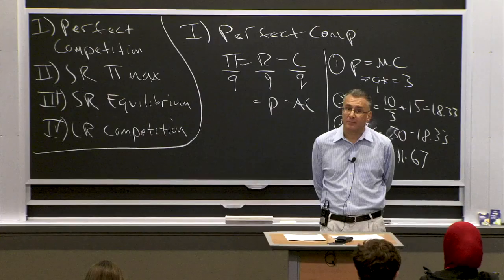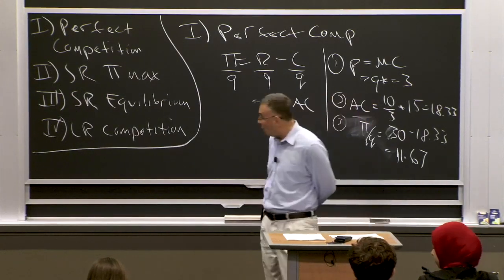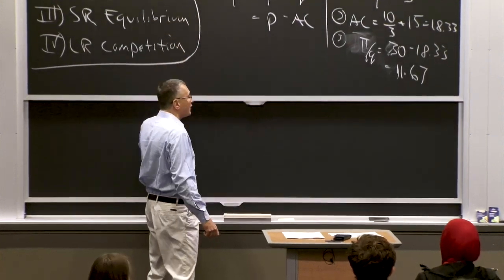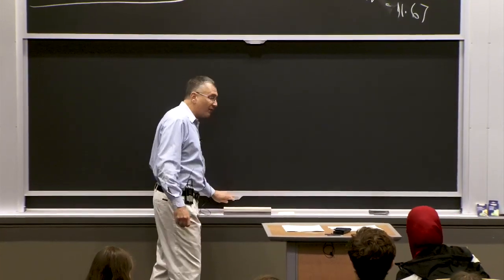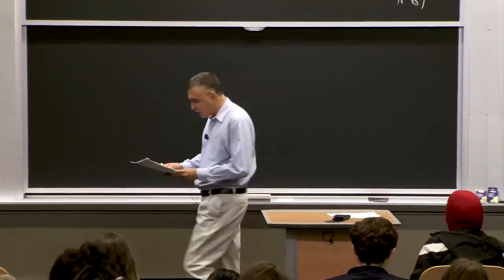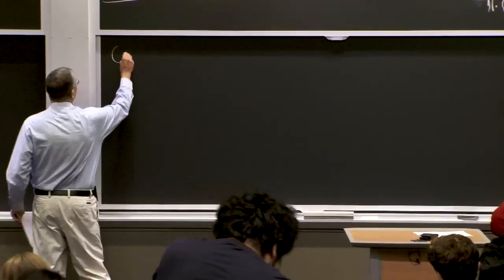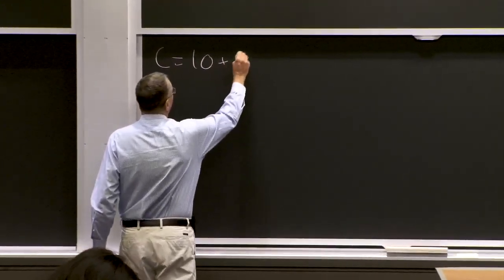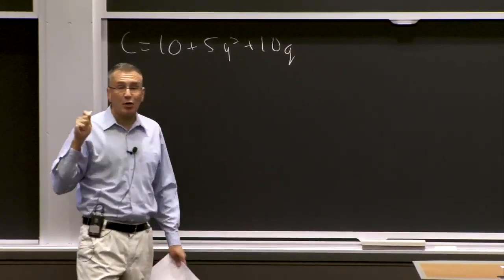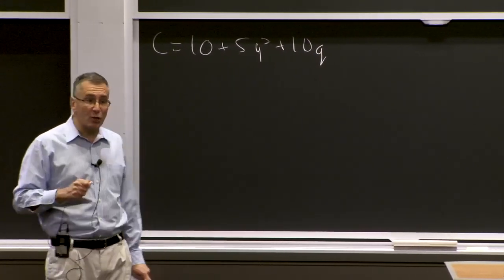Questions about that? Okay, so now let's return to what we did last time. Let's imagine there's a tax of $10 per unit. That would shift the cost curve to C equals 10 plus 5Q squared plus 10Q. Remember, it's a tax per unit, plus 10Q.